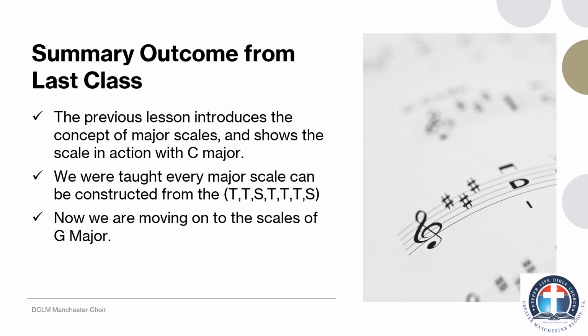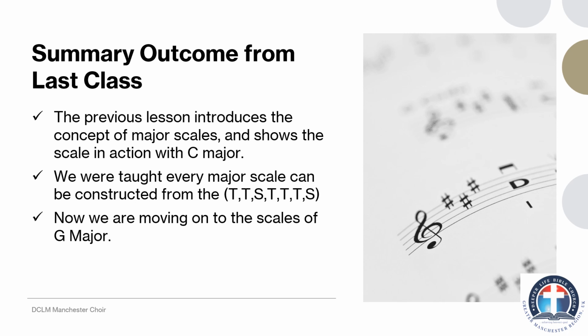Here we'll be talking about the summary from the last class. In last class, we talked about the introduction of the concept of major scales, and we showed the scales in action with C major.